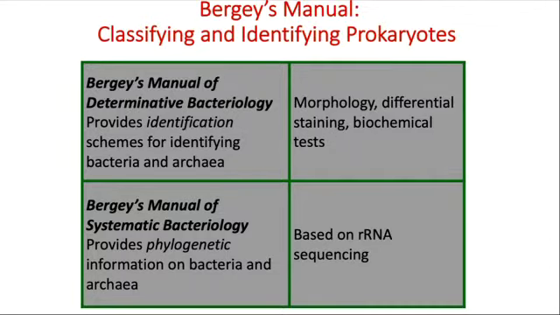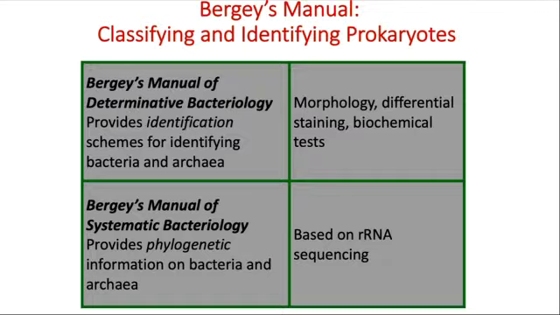Bergey's manual is an important reference when it comes to identifying bacteria. There are 2 types of them. We have Bergey's Manual of Determinative Bacteriology, and then we have Bergey's Manual of Systematic Bacteriology.